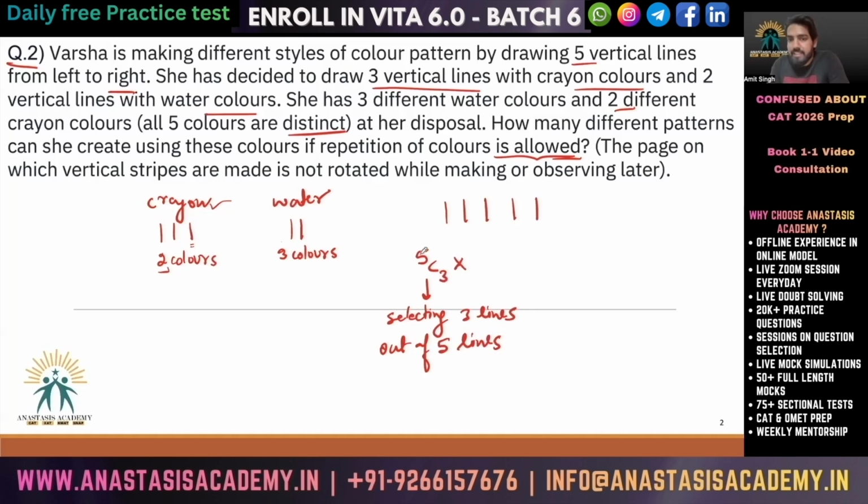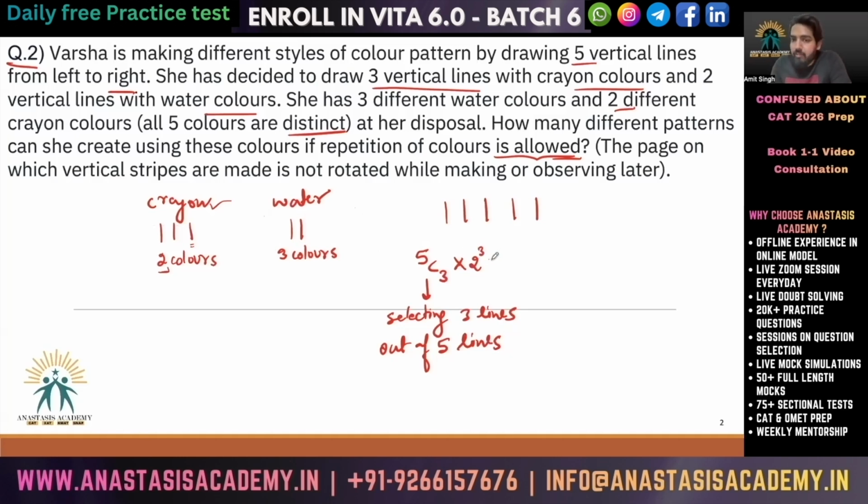Now we can say that these 3 spaces we can fill in 2 raised to the power 3 ways, in which I can draw these crayon colored lines.